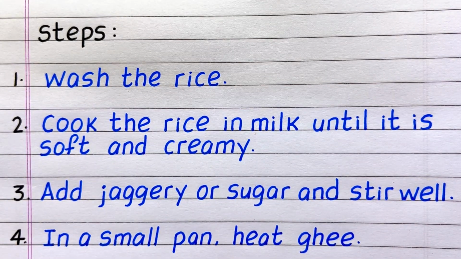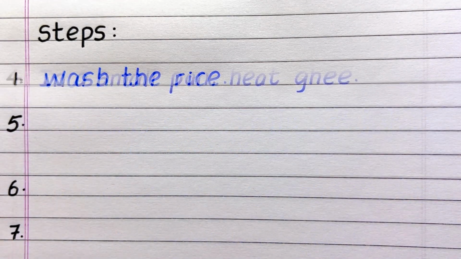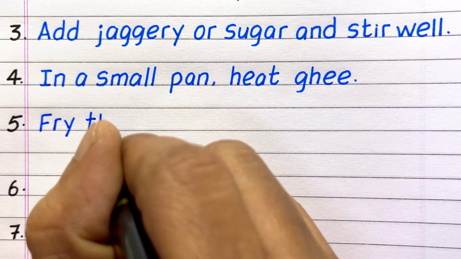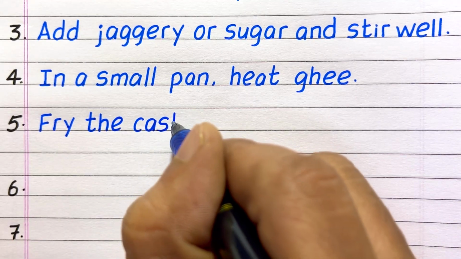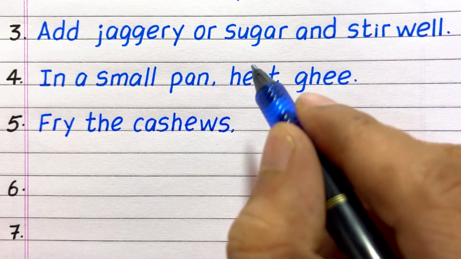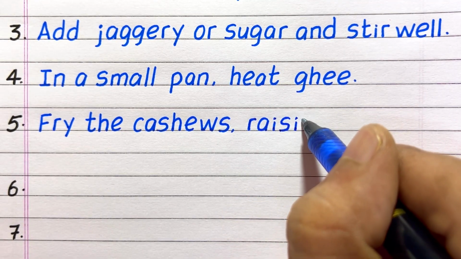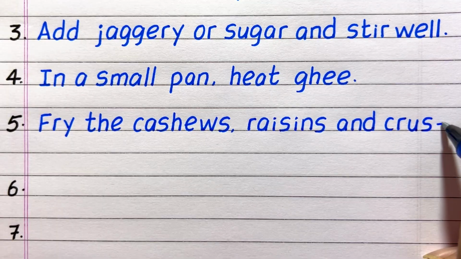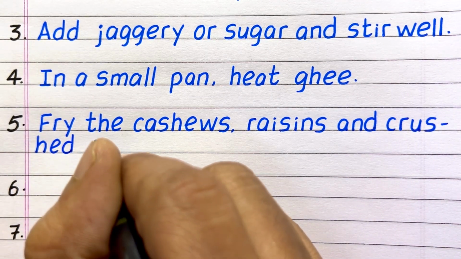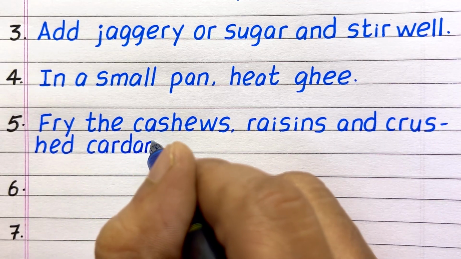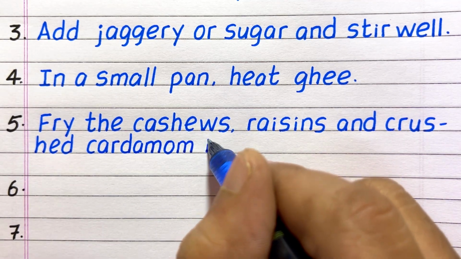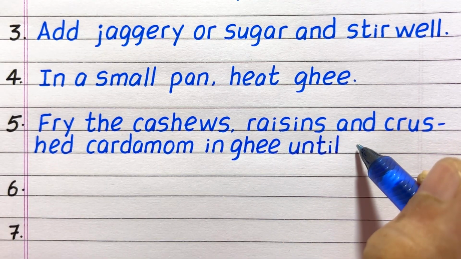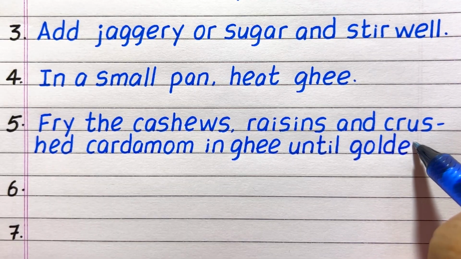In a small pan, heat ghee. Fry the cashews, raisins and crushed cardamom in ghee until golden.